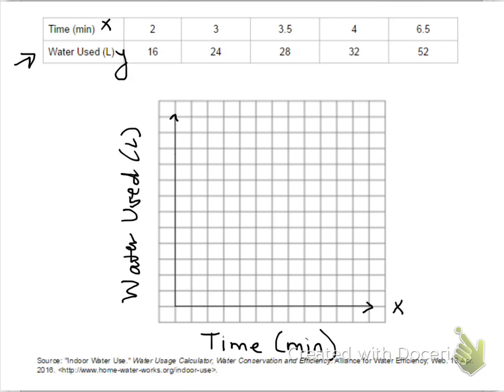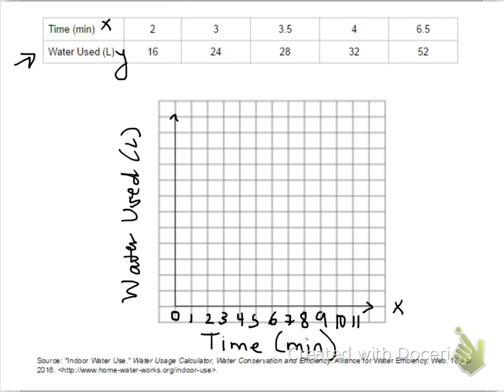So that means that 0 would be right here, 1 would be here, 2, 3, 4, 5, 6. Now we do have a whole bunch of extra space, but unfortunately we can't divide it up any other way in order for it to work out nicely. Notice how I wrote the numbers on the line, not in the spaces. When you're numbering for your graph, you need to make sure you put them on the line.